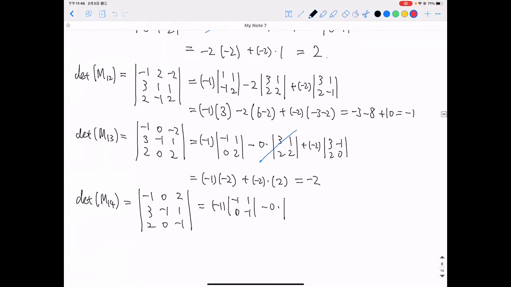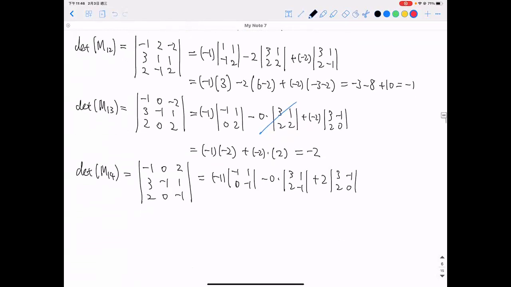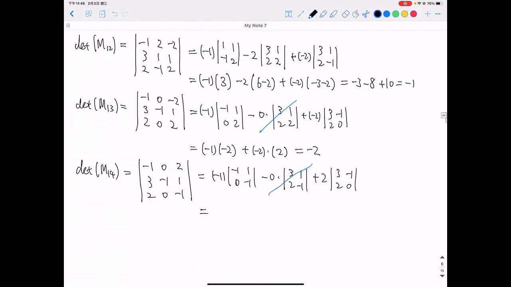Minus 0 times something, plus 2 times something, like that. And the middle term goes away again. What's left is minus 1 times 1 plus 2 times, this is 0 minus minus 2, so plus 2. So 4 minus 1, that's 3.